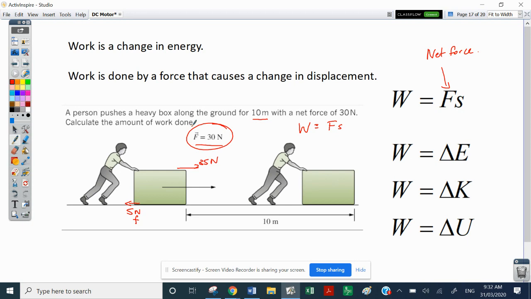So it's the net force that we are applying here. So the force that we are applying all up is 30 times 10 meters, and that's 300 joules. So he needs 300 joules to do that push.